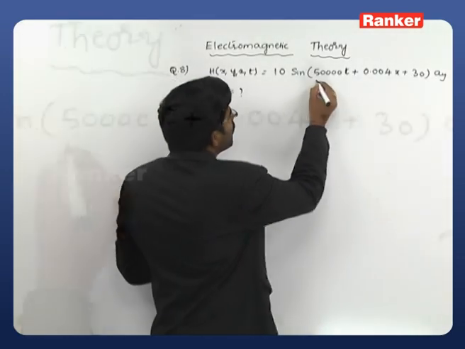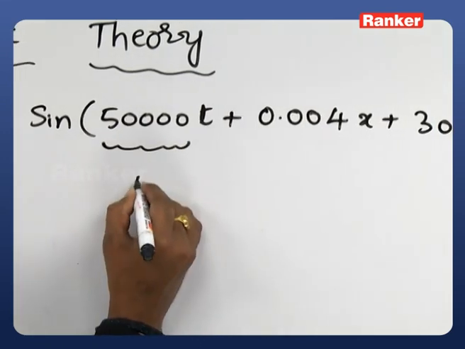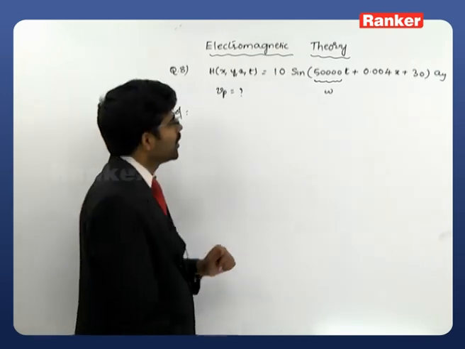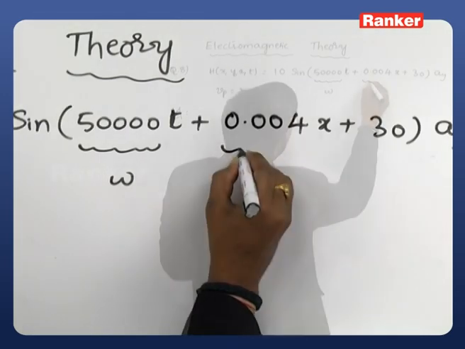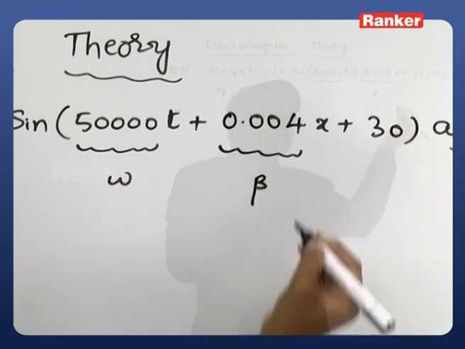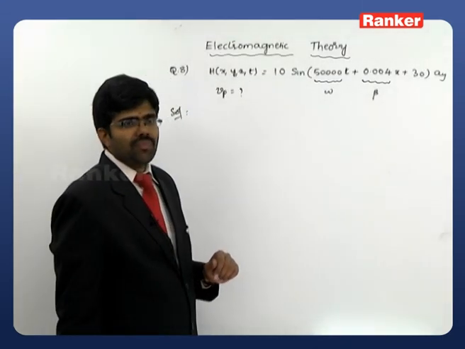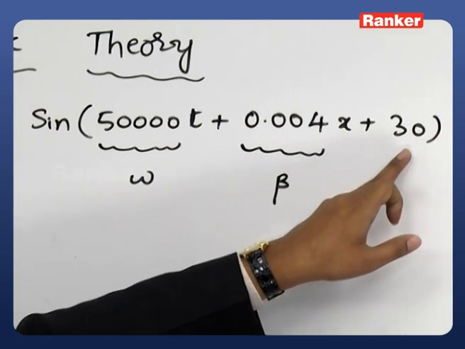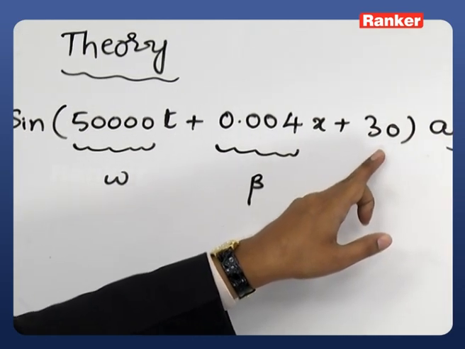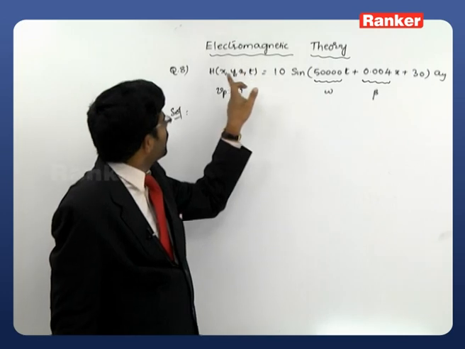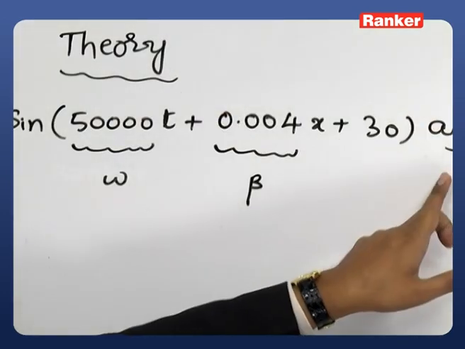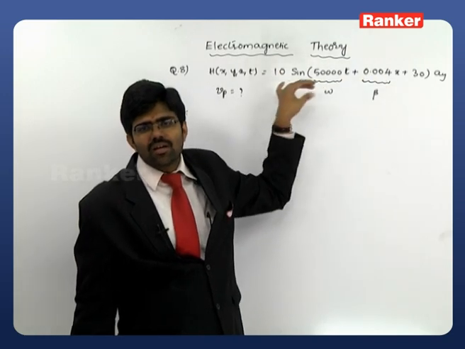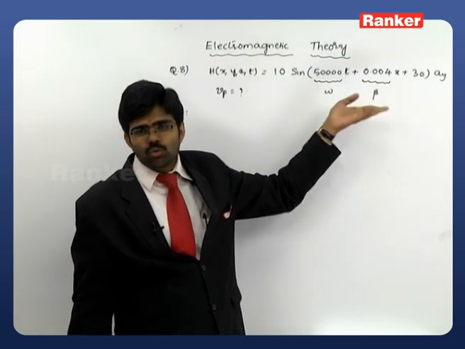Here, this quantity must resemble omega in the standard equation, and the quantity here is nothing but the phase constant beta, and this 30 is maybe a 30 degrees phase difference with respect to the electric field, and H has a y component only. So this is a simple representation of our magnetic field equation, and we have some numerical values.